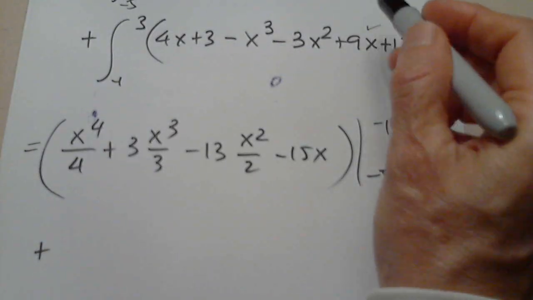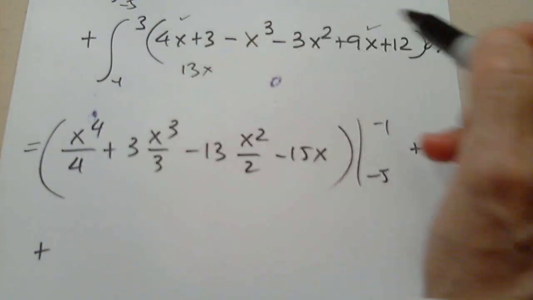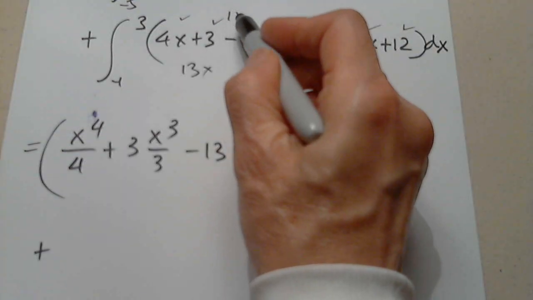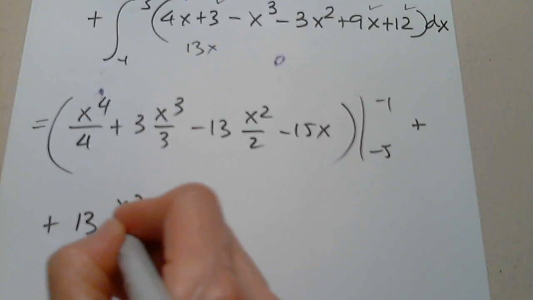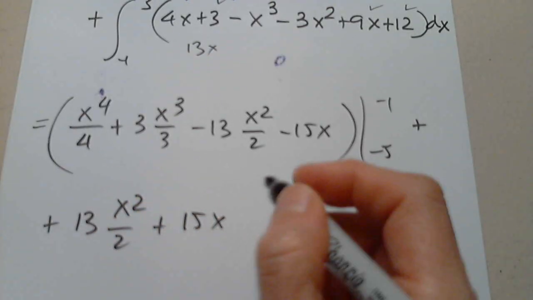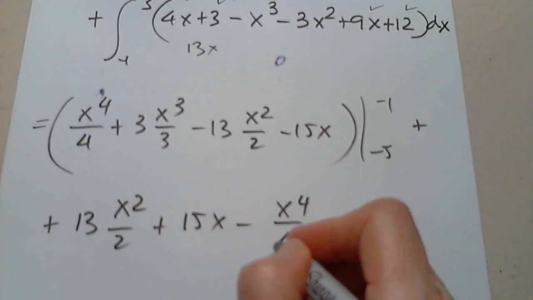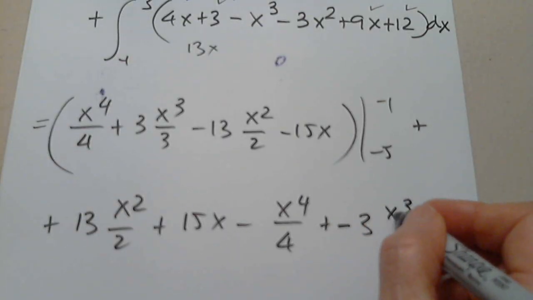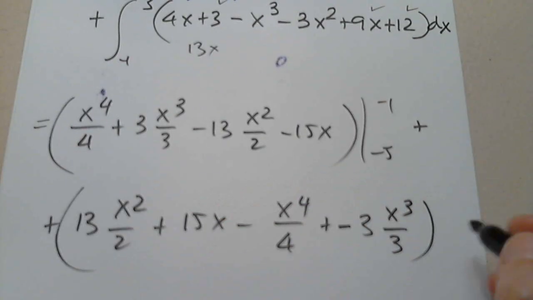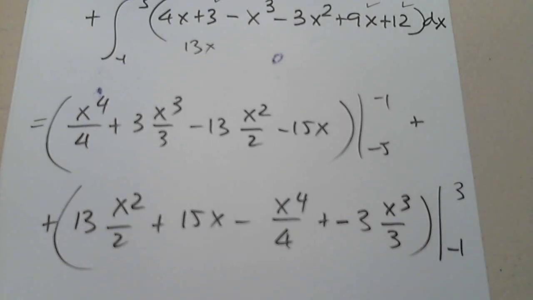Again, here I can simplify a little bit. I have 13x and I have positive 15. So 13x squared over 2 plus 15x minus x to the fourth over 4, not plus, sorry, minus 3x to the third over 3, and this time from -1 to 3.